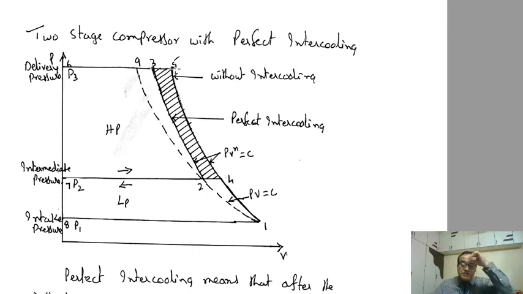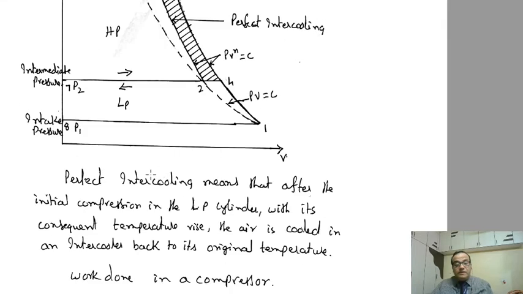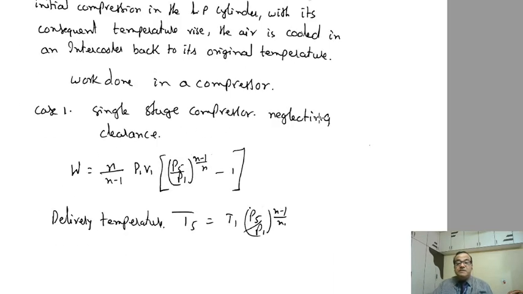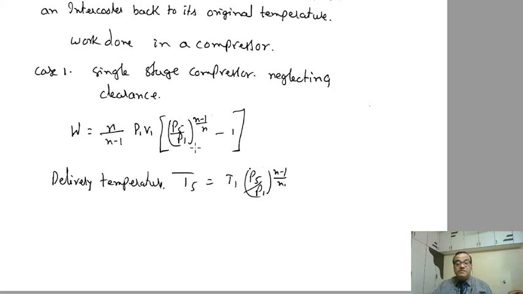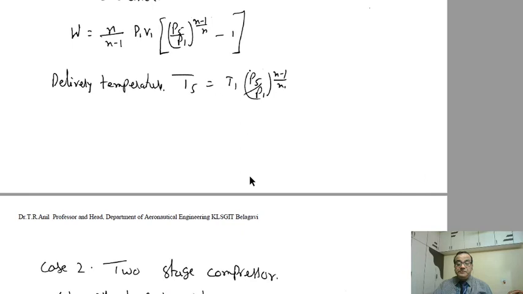So air is compressed to P5, and so it is P5 by P1. So this is basically your single stage compressor neglecting clearance. Delivery temperature T5 is equal to T1 times (P5 by P1) to the power of (n minus 1) by n.